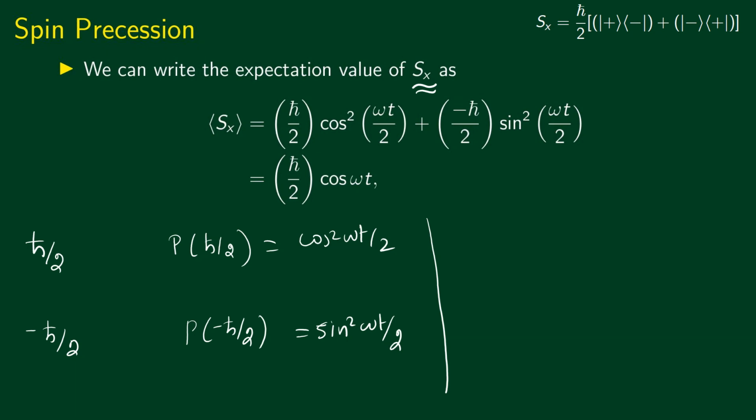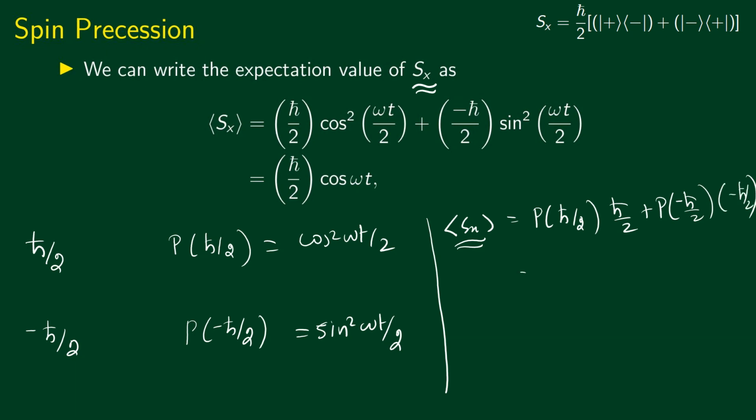Okay, so the expectation value of Sx, denoted using this symbol, is equal to the probability of measuring plus h bar by 2 multiplied by h bar by 2, plus the probability of measuring minus h bar by 2 multiplied by minus h bar by 2.